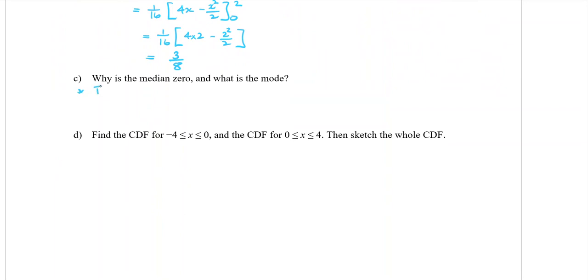All right, the area to the left and right of x equals 0 are equal. So we're saying it's equal on both sides, so that means that the median must be 0. What about the mode?